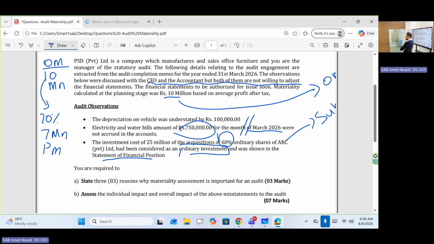Right answer. Electricity and water bills amounting to rupees 750,000 is also less than the overall and performance materiality level.